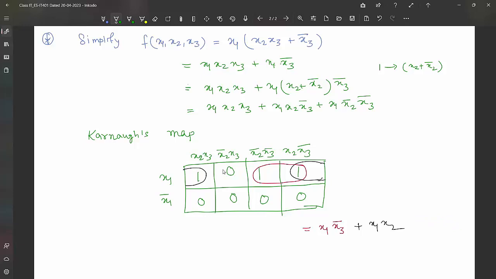Okay. We are taking some more problems, because it will be easier to understand then. Again, another problem: simplify the Boolean expression f of x1, x2, and x3, which is (x1 plus x2 plus x3) dot (x1 bar plus x3).